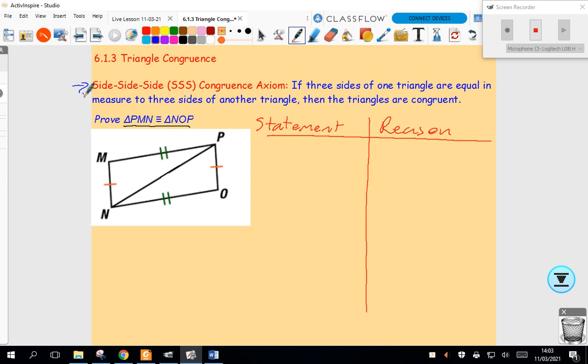So the first statement I'm going to make is that this side here at the top is equal to this side here in the other one. We're looking at these 2 triangles, and I want to be careful to name these in the right way.